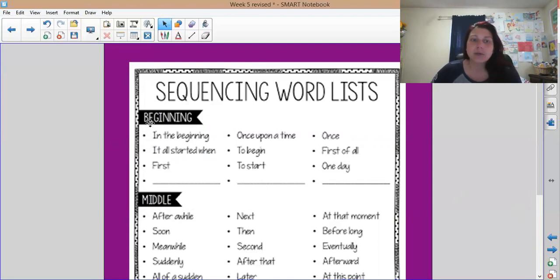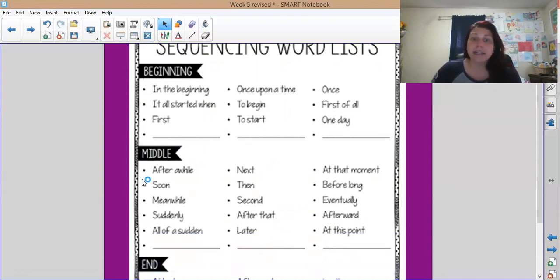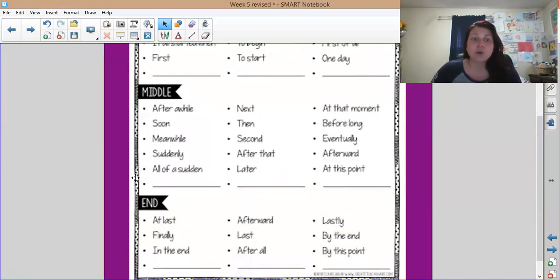So sequencing words: beginning, in the beginning, it all started when, first, once upon a time, there's a fairy tale one for us, right? To begin, to start, once, first of all, one day. So those are good openers, right? If we are writing a story or we are trying to recap what just happened in a story, doing our stop and jots.